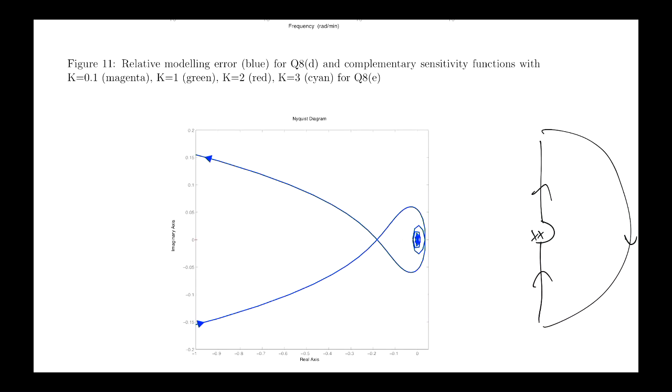At very low frequencies, we know we have a phase of minus pi, minus 180 degrees. As we go up, increasing frequency because of the 0, the phase becomes greater than minus 180, so it's going up, and that's consistent with moving down in the complex plane.